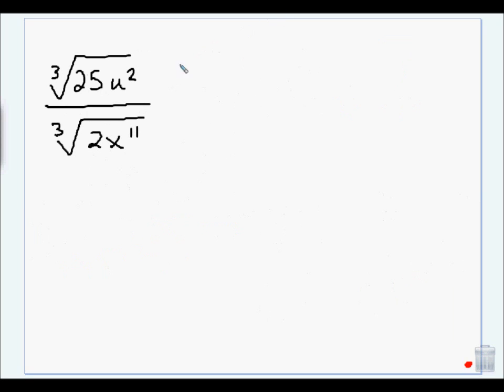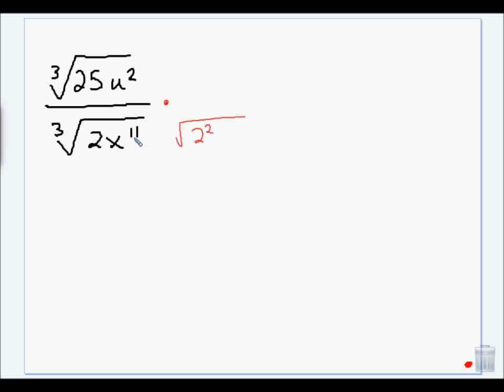So one more. 2x to the 11th. To cube a 2, I need 2 more 2's. I have an exponent of 11. I need an exponent that will divide by 3.